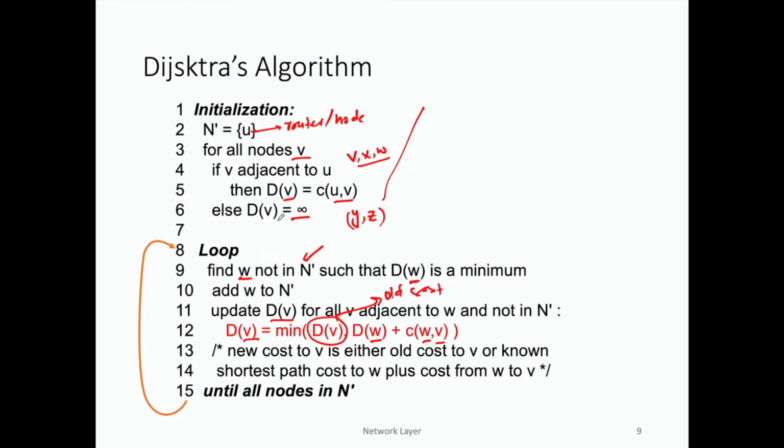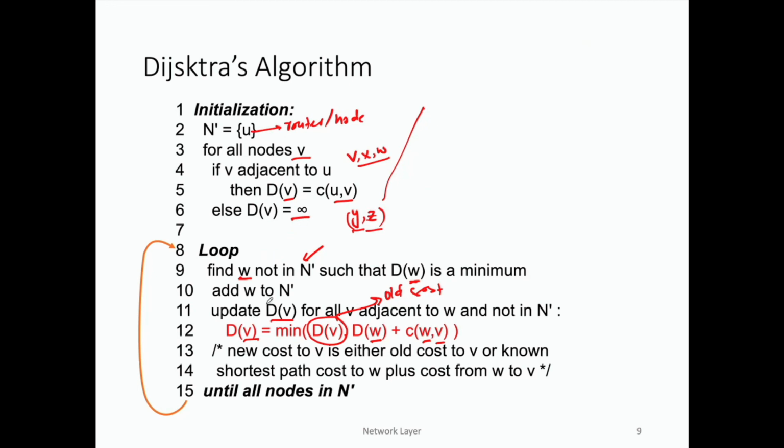And if the nodes are not adjacent, meaning not directly connected with u, which is true for y and z, then the cost in the initialization step is infinity.